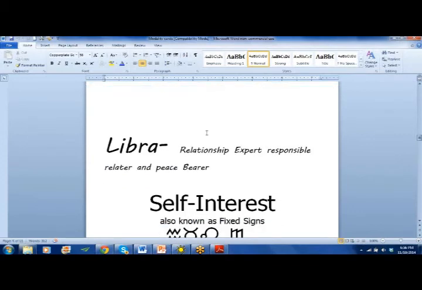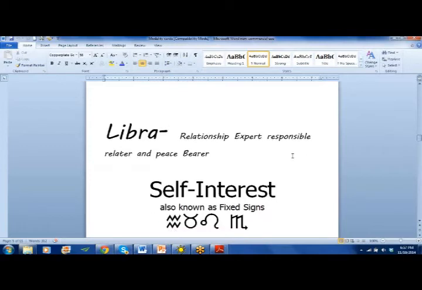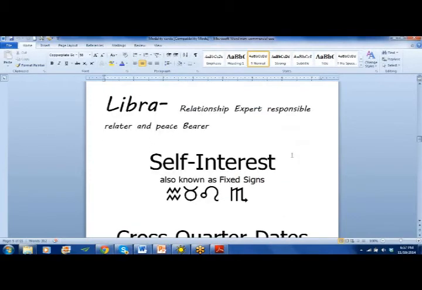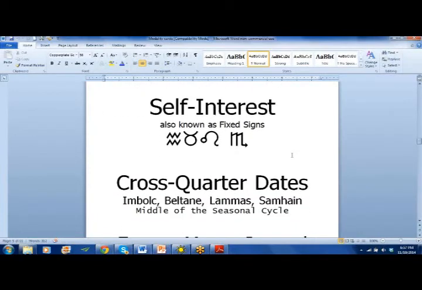And then Libra, they're the relationship experts. So they're responsible relators, and they are also interested in peace, being peace bearers. So that begins the season, and then the self-interest signs, or the signs about self-exploration, are the center.